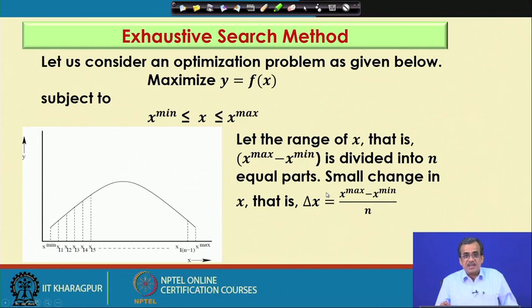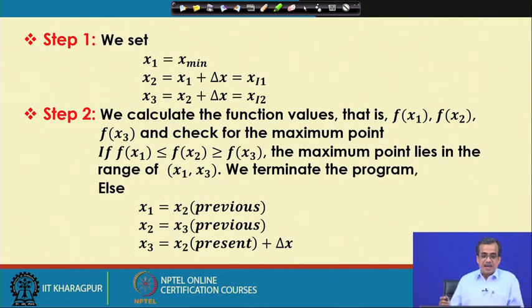Then the change in x, that is delta x, is nothing but x maximum minus x minimum divided by n. Now, step 1: we set x1 equals to x minimum, x2 equals to x1 plus delta x, and x3 equals to x2 plus delta x.